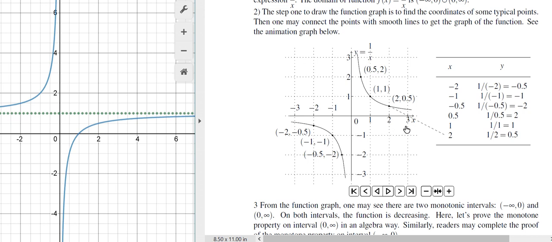So the graph will be flipped in this way, and this way flips up. That will be the picture right here. So we know this picture is simply a negative sign in front of 1 over x.